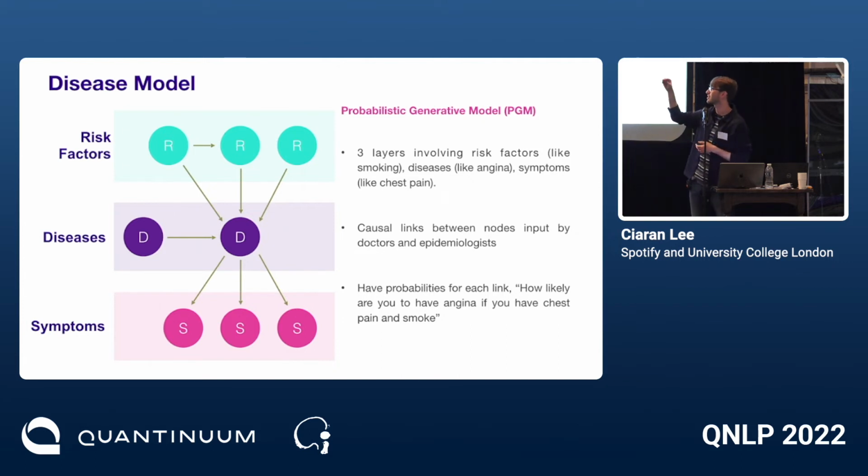I know this disease causes this symptom, but not this other symptom. So they input this graphical structure there. We then look at the population and say, how likely are these risk factors among the population? How likely are these diseases? And so forth. So we have both the graphical structure, the orientation of the arrows, as well as joint distributions and conditional distributions over this. We're taking that as a given.